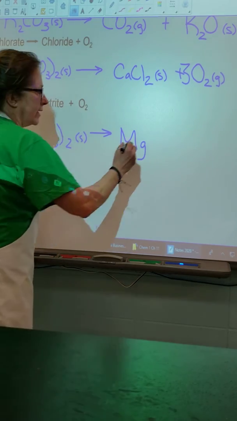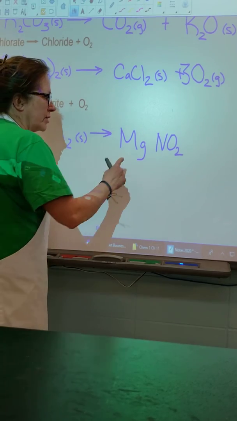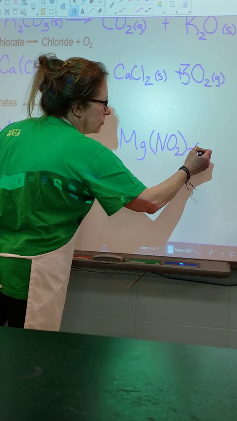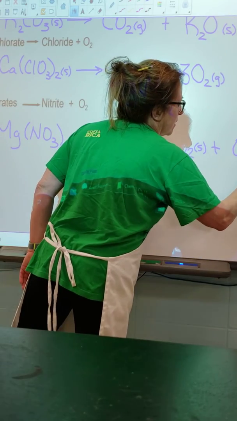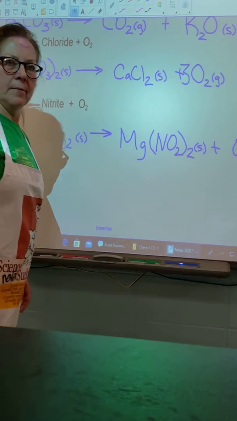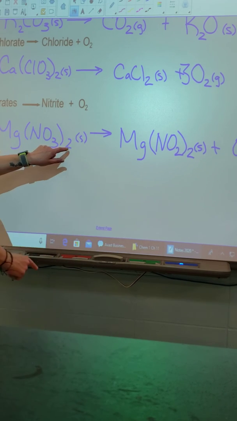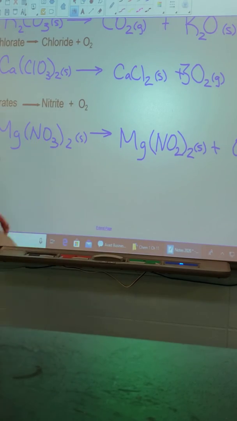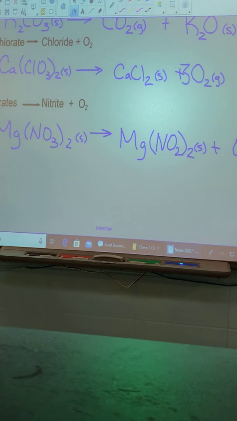Nitrate is NO3, nitrite is NO2. They both still have a -1 charge, and magnesium is +2, so I still need my parentheses and 2. And I'm going to get oxygen gas. Okay, let's balance that. 1 magnesium, 2 nitrogens, 2 nitrogens, 6 oxygens. This is 4, 5, 6 oxygens. Balanced. Decomposition reactions.